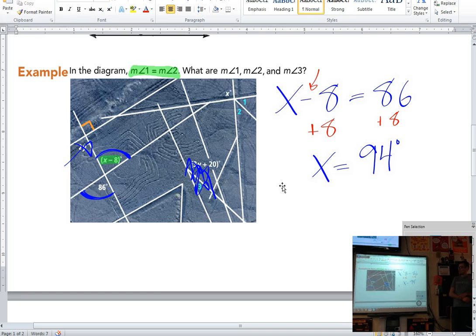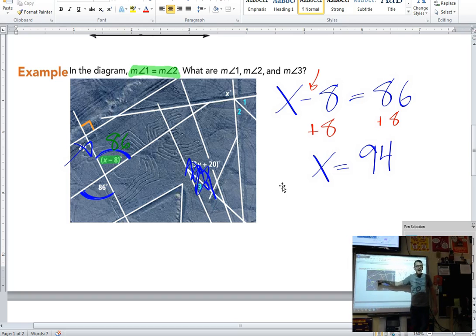Are you getting hung up because x is 94 and the other angle is 86? This is where, and I'm glad you had that face, this is where you do not put the degree sign on. It's going to confuse you. This is not saying that this angle's 94. We know this angle is 86.